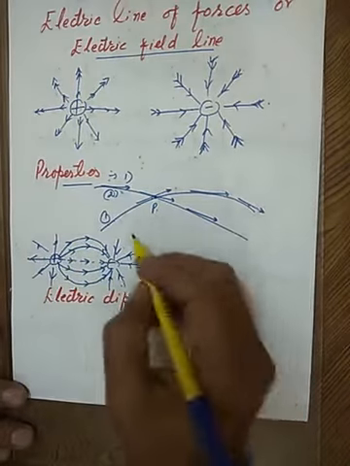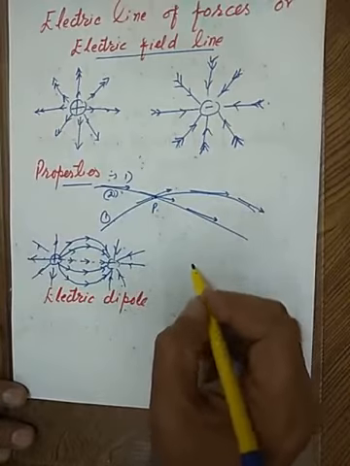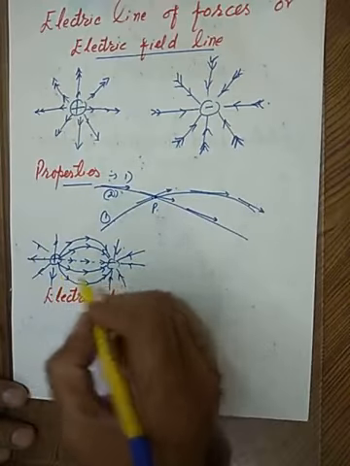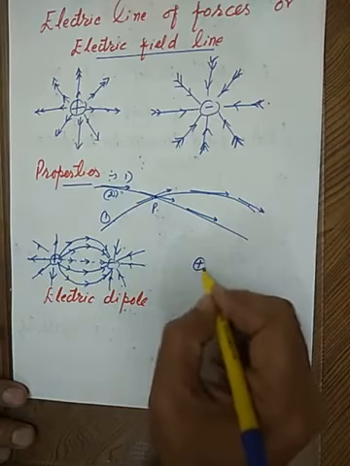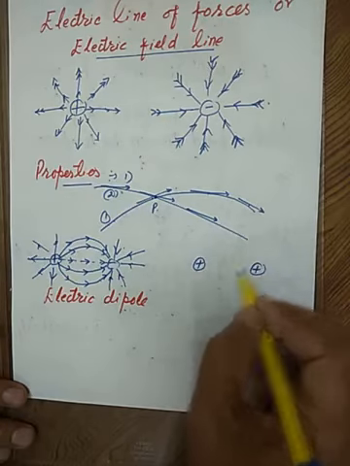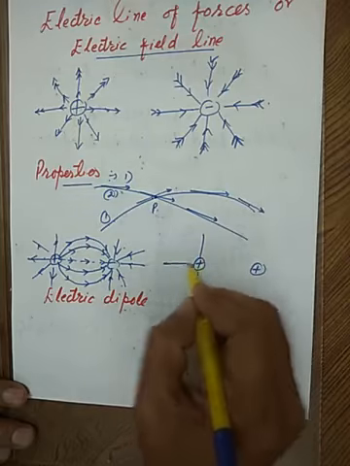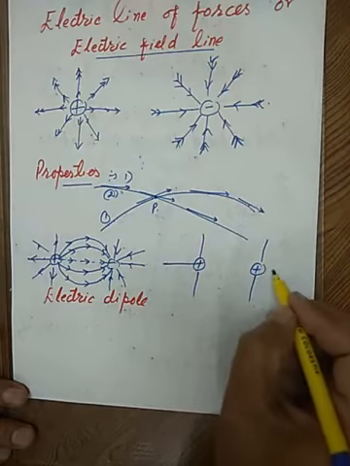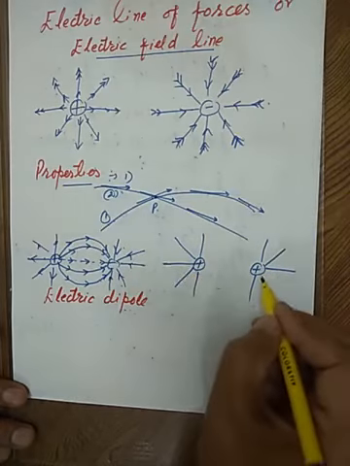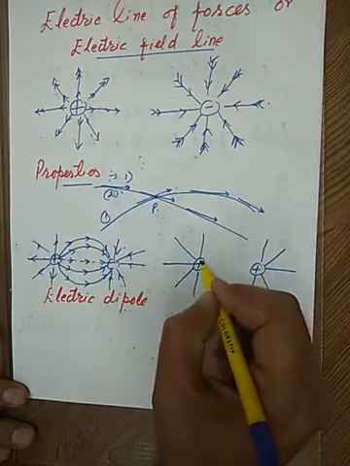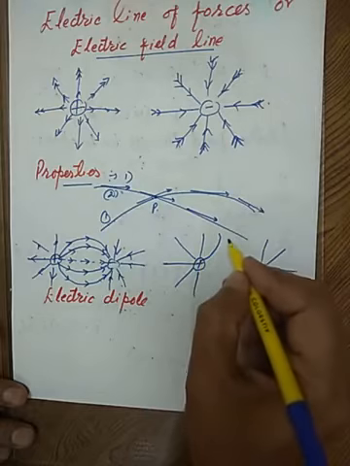What if we have unequal charges, or like charges, either both positive or both negative? Then their electric lines of forces along their radial lines seem to be exerting a lateral pressure like that.